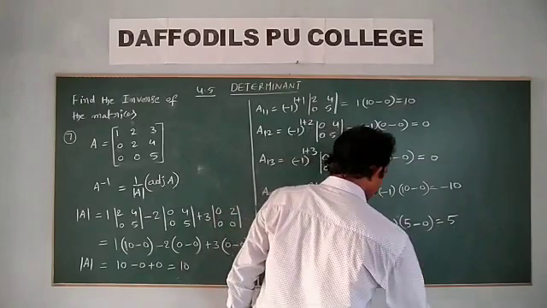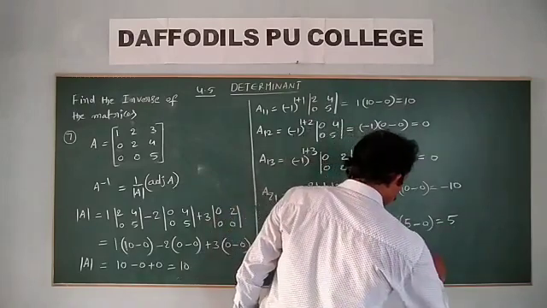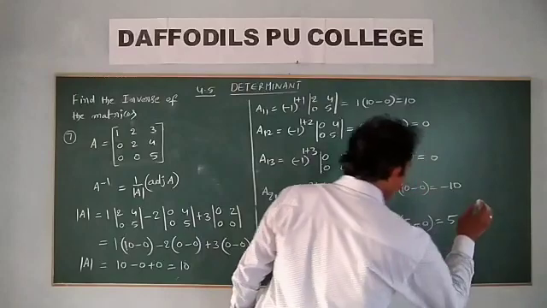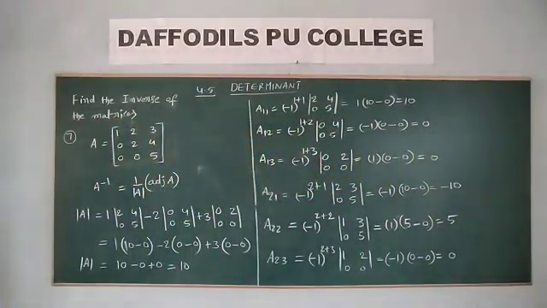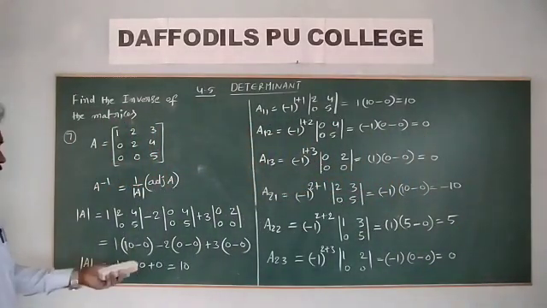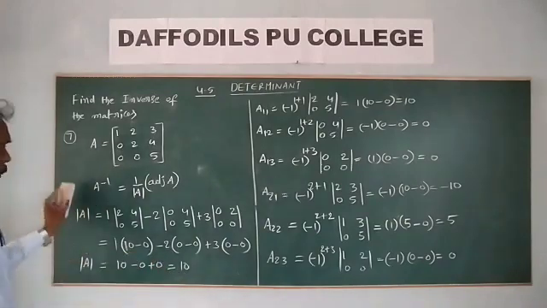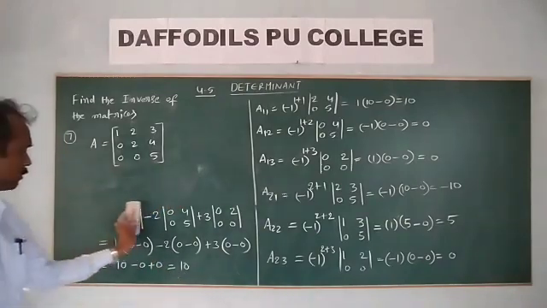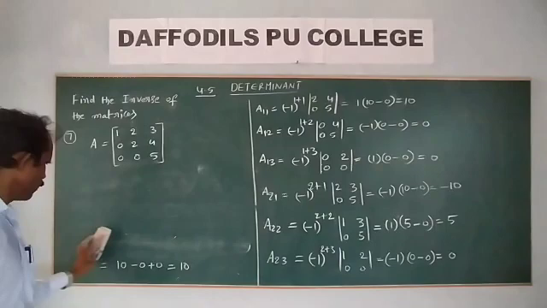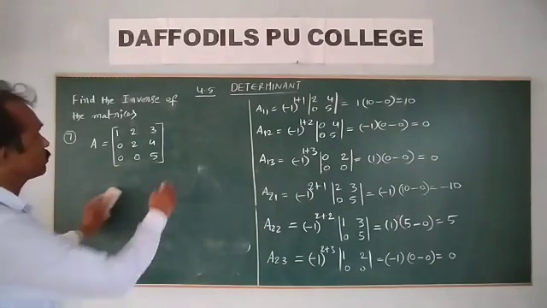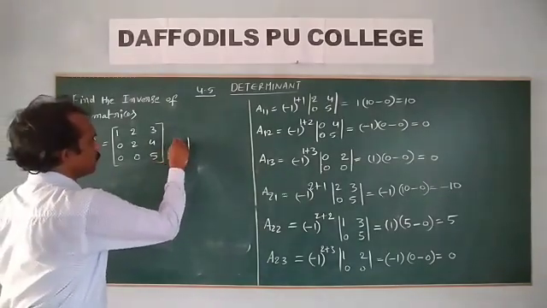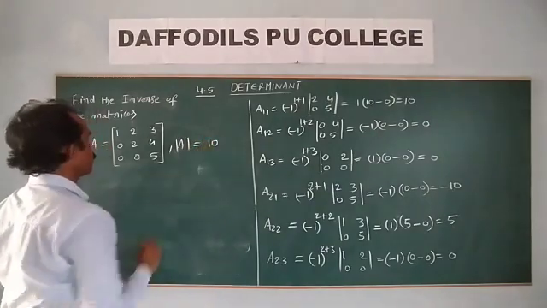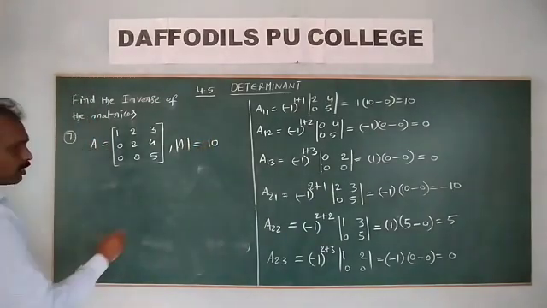That implies 0 minus 0 is equal to 0. Correct. Okay, let's erase this one. So that A11 value is 10, the determinant of A11 value 10. Remember this one.